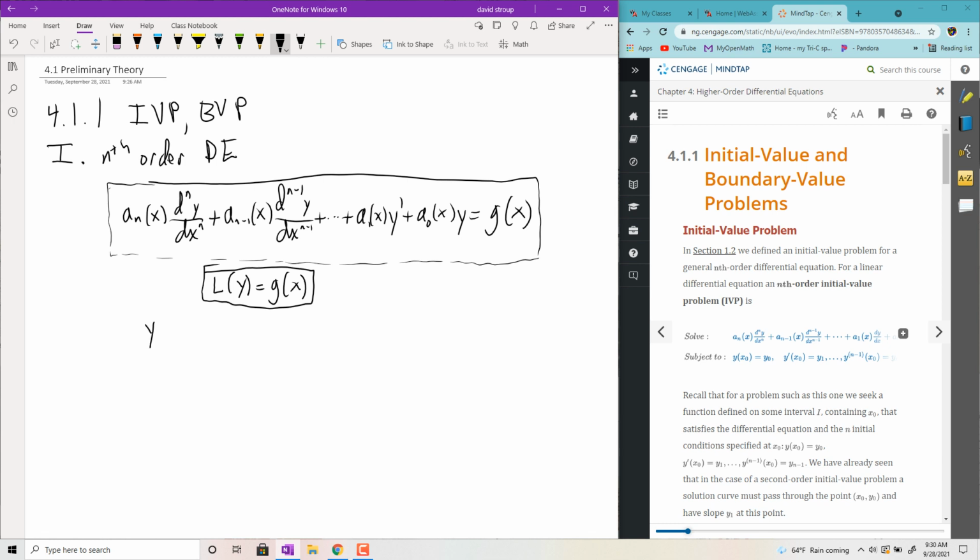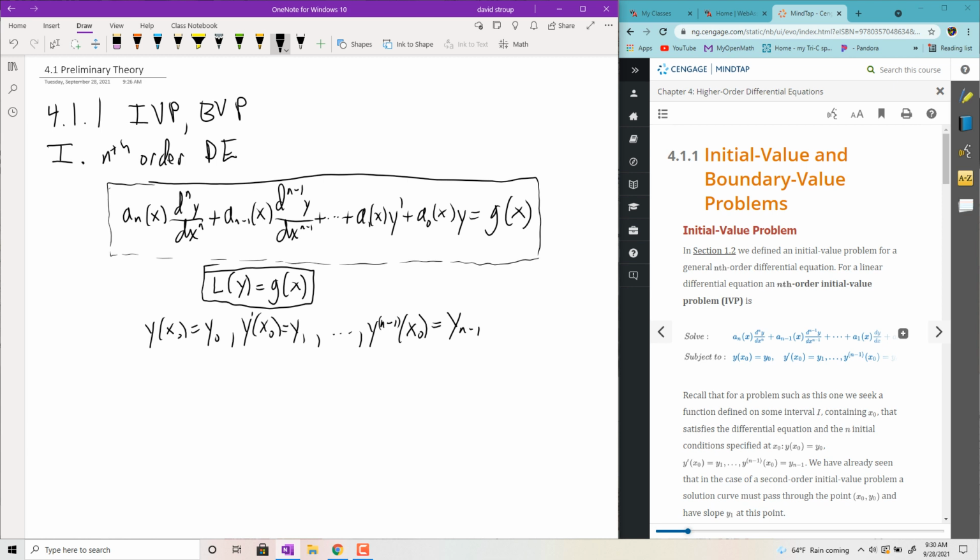So you'll have y of x sub 0 equals y sub 0, y prime of x sub 0 equals y sub 1, all the way down to the n minus first derivative of x sub 0 equals y sub n minus 1.